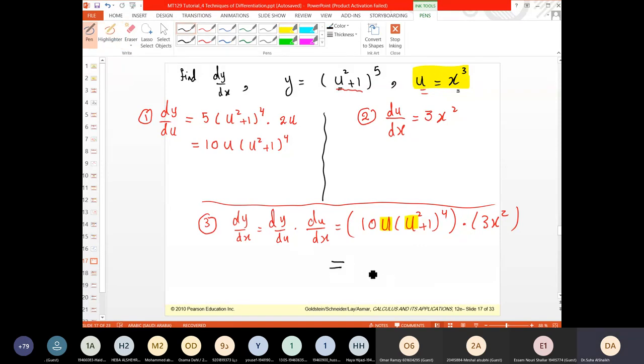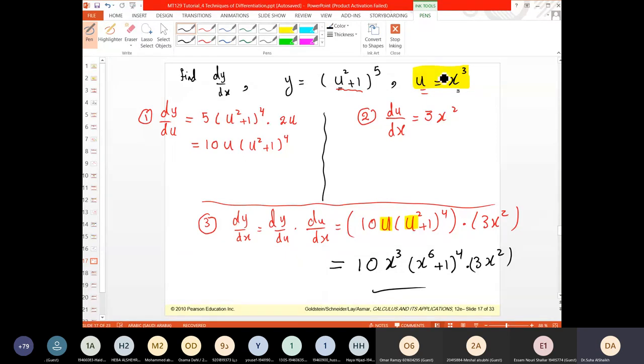So this will be 10 في x3 في x3 to the power 2, which is x6 plus 1 power 4 في 3x square. And this will be the derivative. صارت الفانكشن all in x and we are done. You got it? So we have two ways to apply the chain rule.